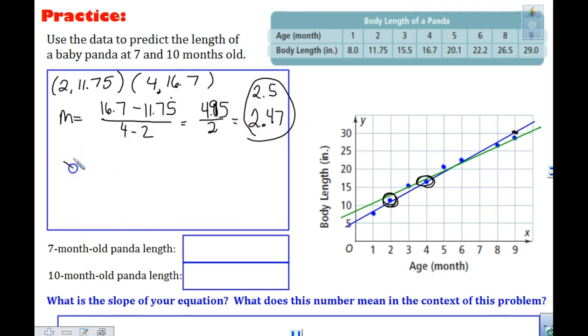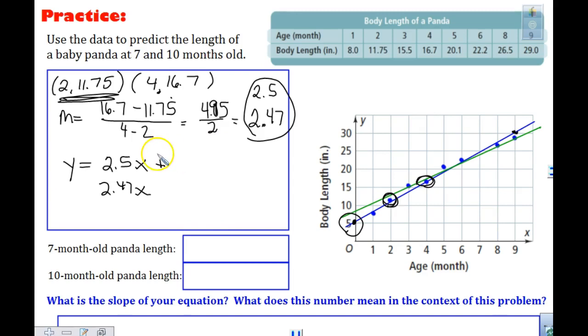So my equation, y equals, I'm going to just use the first point that I had on my graph. Could I almost tell where the y-intercept is? It's almost at 5. Could I just use slope-intercept instead of this point? Could I use y is equal to my slope of 2.5, or if you use 2.47, x plus 5?